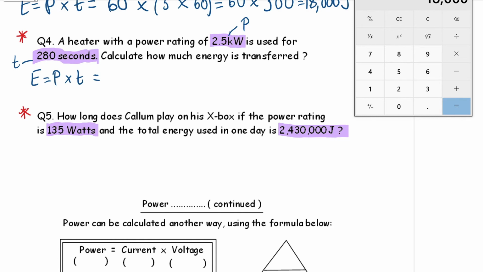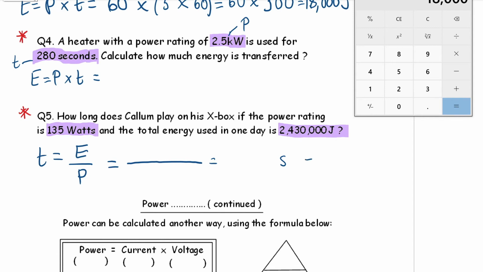Now when you rearrange the equation, T equals E over P, or energy over power, you're going to have to put power at the bottom, 135. The energy at the top was 2.43 million. And that will give you an answer in seconds.